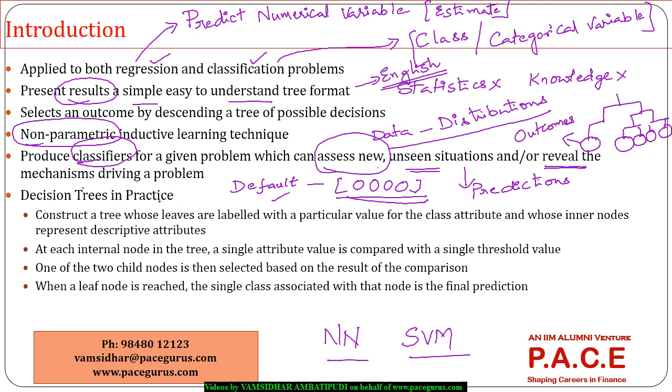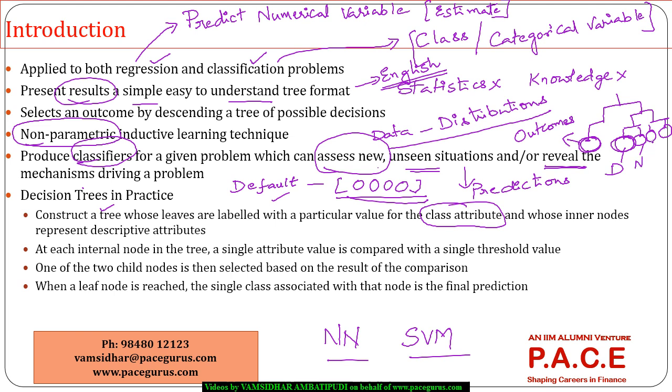In practice, we generally construct a tree, and the leaves, these are what we are calling as the leaves. So in the leaf, we are getting a particular class attribute, especially when we are talking about a classification tree. So each of these leaf attributes will get a class. So this is default.